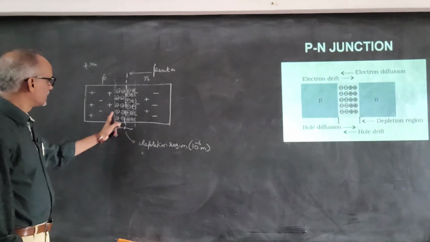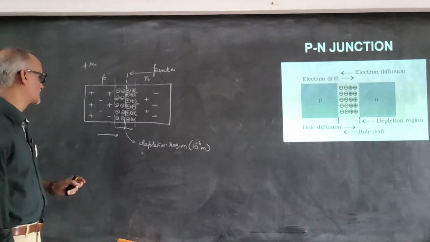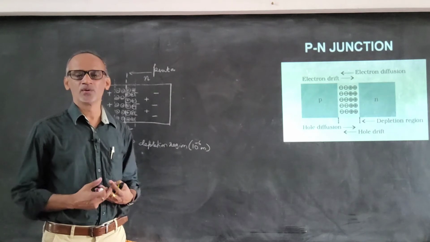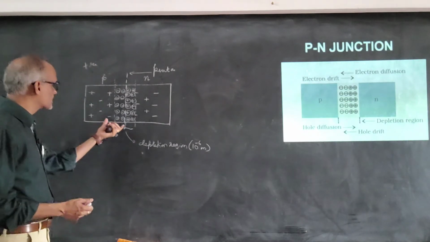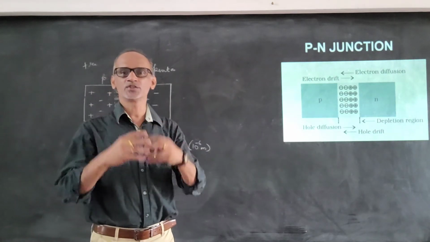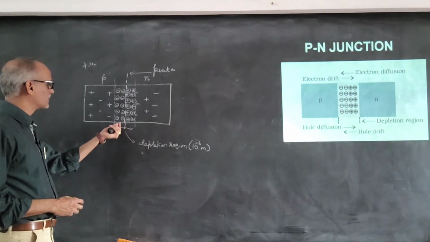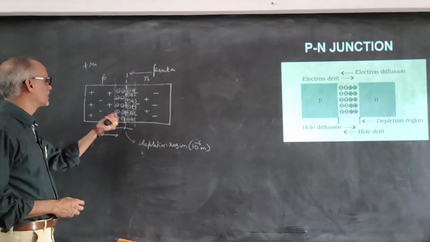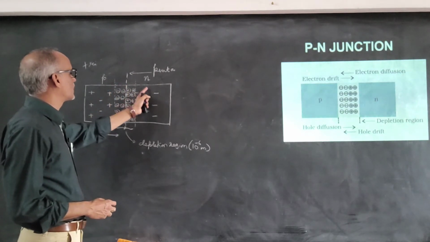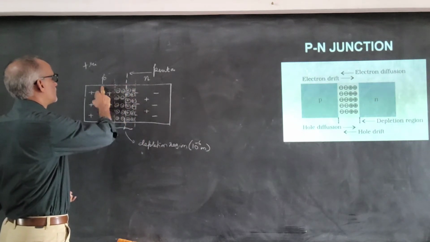And near the depletion region, whenever the electron-hole combination takes place, further liberation of the electron and the hole takes place near the depletion region. During that time, the electrons tend to move from the P region to the N region, whereas the holes tend to move from the N region to the P region.